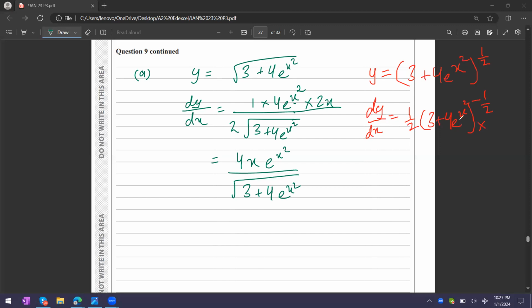Multiply by the differentiation of the bracket, which is 4 e raised to power x square times 2x. Again, 4 times 2 is 8, 8 divided by 2, 4, x, e raised to power x square. And this is just like the root, but you can leave it like that also if you want: 3 plus 4 e raised to power x square raised to power minus 1 by 2. This is the same thing.